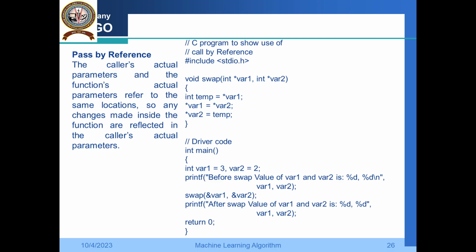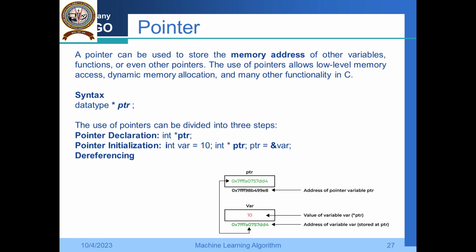What is this, &var1 and &var2? So after swap the values of var1 and var2 will come. On this program you can clearly understand. So this is by reference, that means this is not the value, but just like the location. Clear? Reference. Then we are going for this pointer.